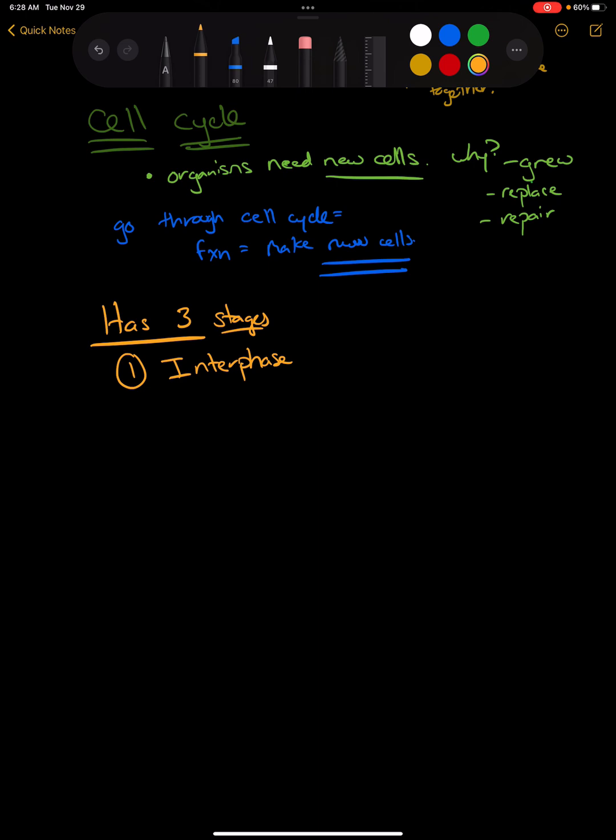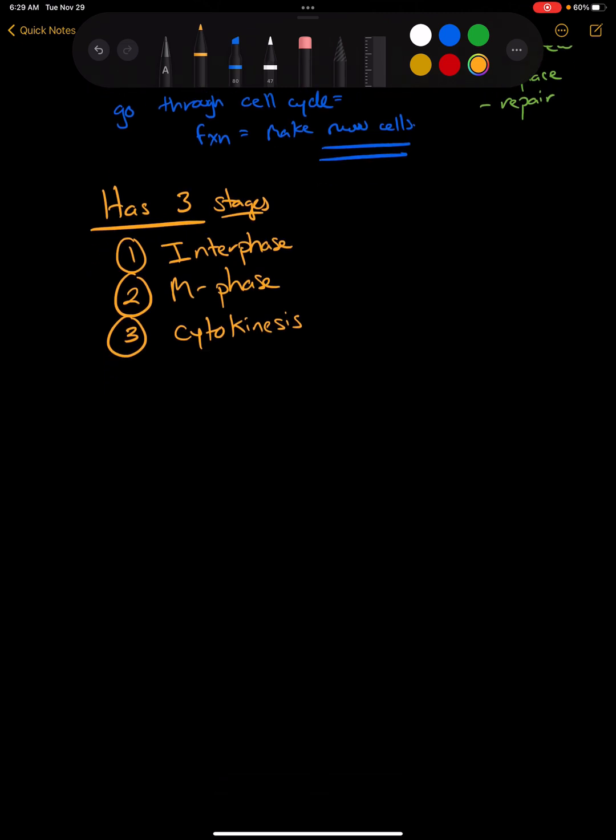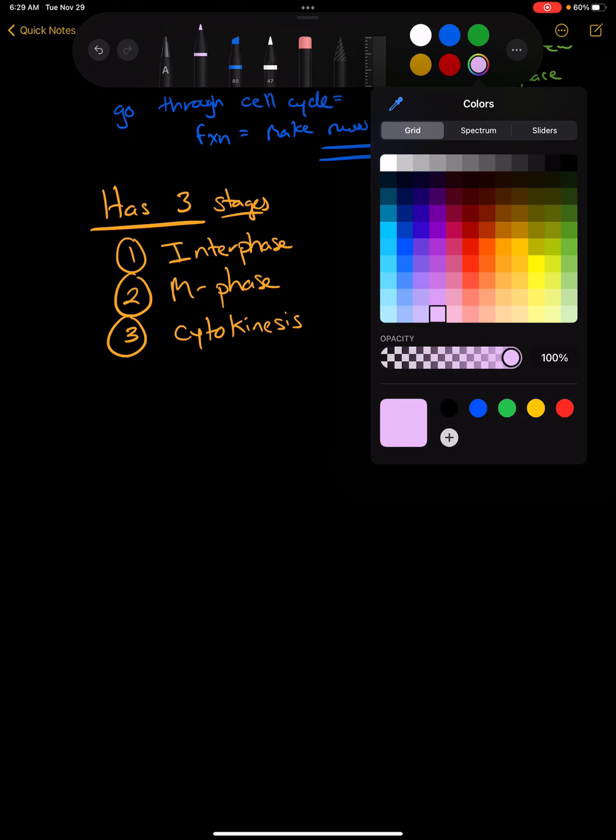So my interphase is my starting phase. Then phase 2 is my M phase, and M is going to stand for a couple different things, and we'll talk about that. And then 3, my last stage, is cytokinesis, and we'll talk about what that word means too, okay? So let's talk about interphase first. Let's use this nice lilac color.